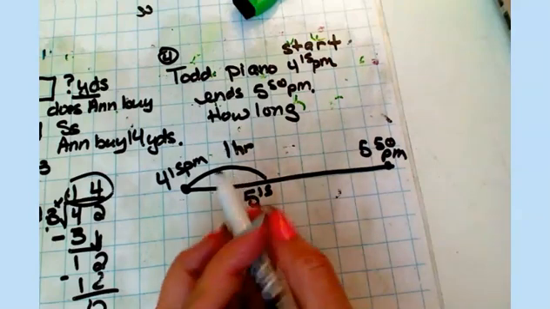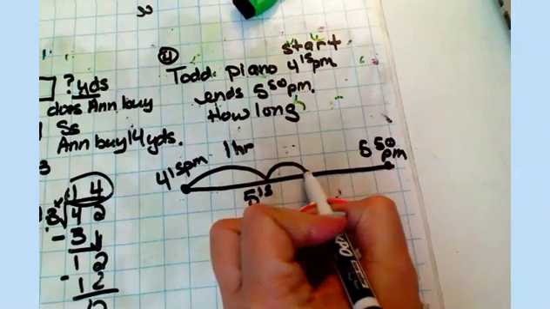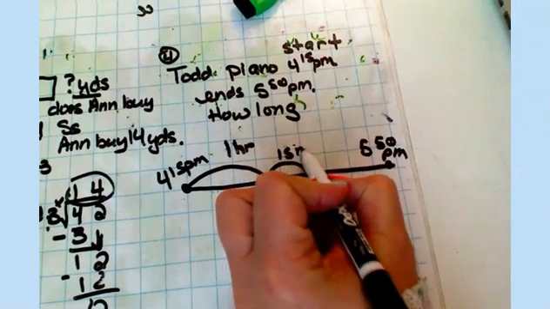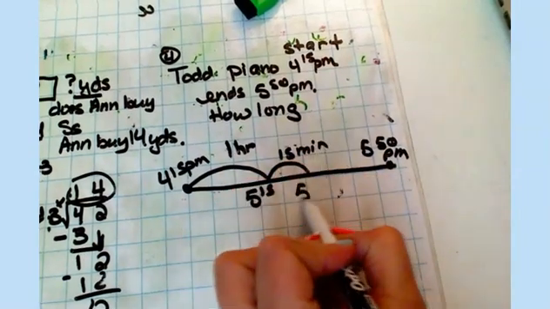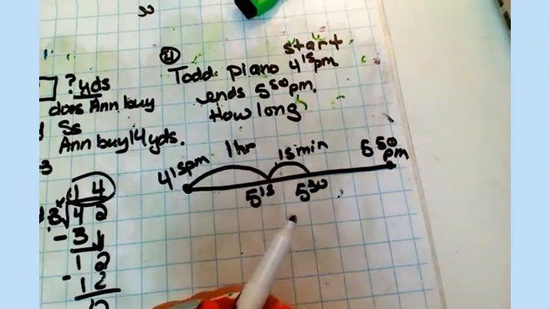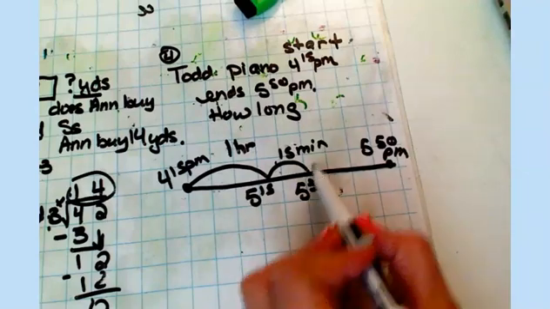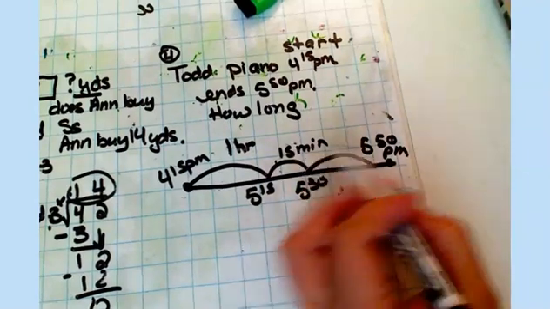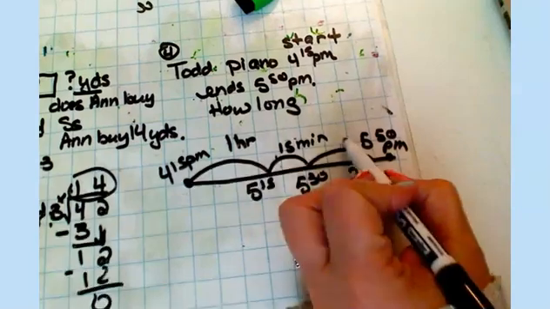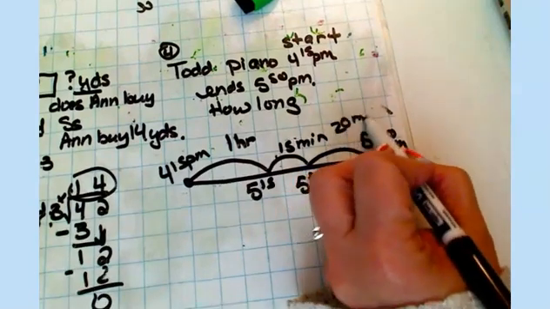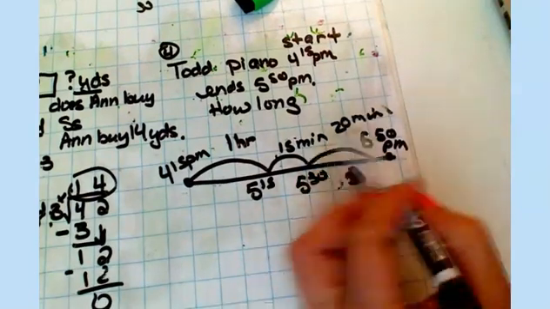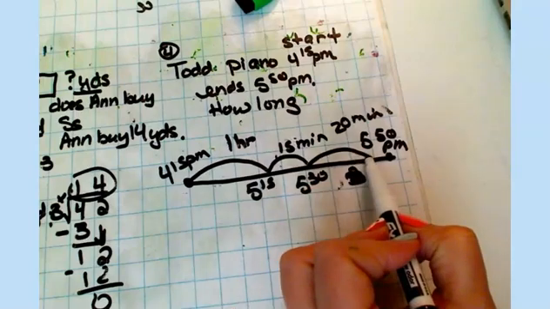What's the next big jump I can do? Well, I know if I go for 15 minutes, that'll take me to 5:30. So I've now gone 1 hour and 15 minutes. Well, the difference between 5:30 and 5:50 is what? 20 minutes. So I'll put that up here. So that 20 minutes would take me from 5:30 to 5:50.